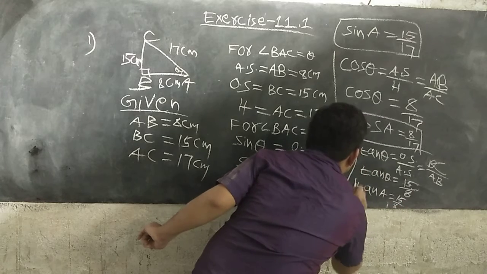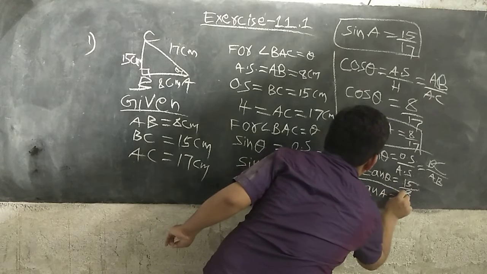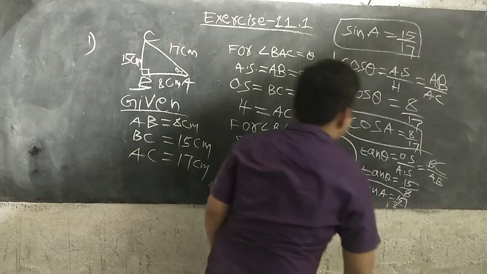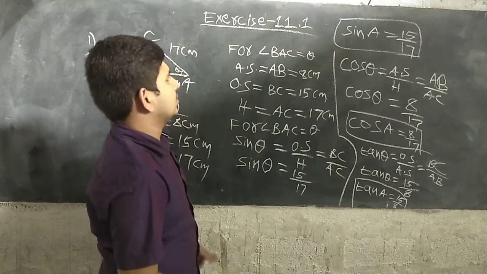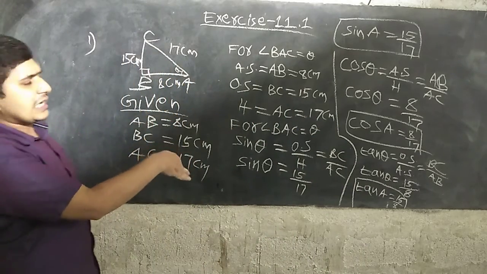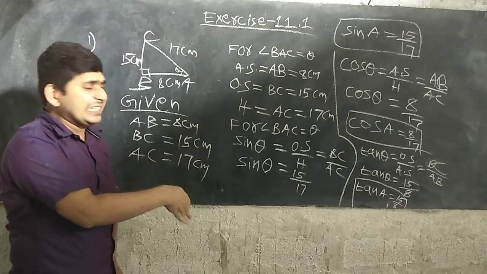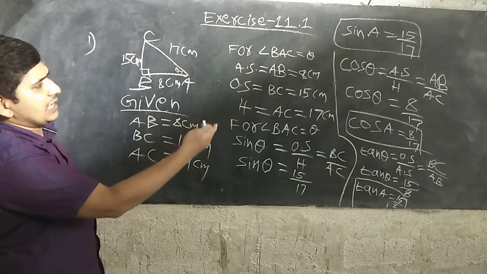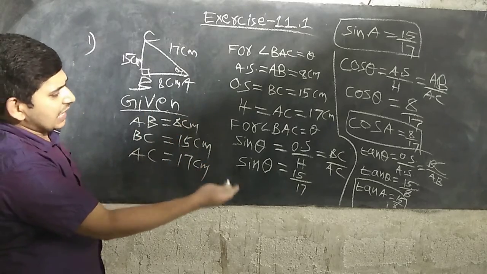This is the value of tan A. This is the first problem: we have to find the adjacent, opposite and hypotenuse, and then find the sin A, cos A, and tan A values.